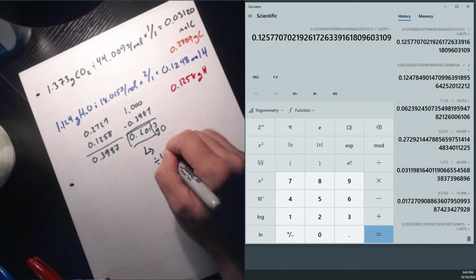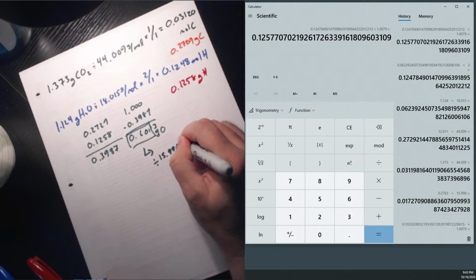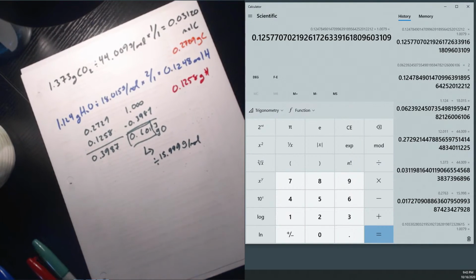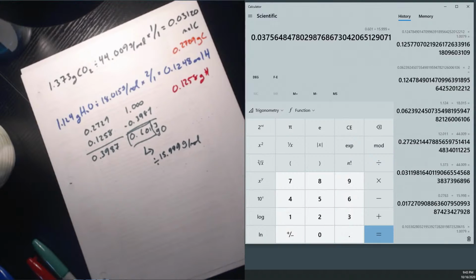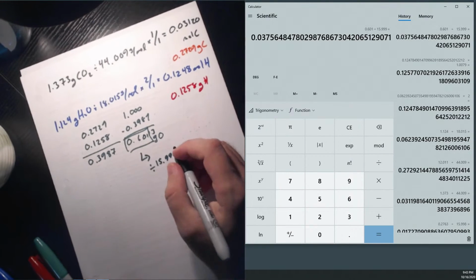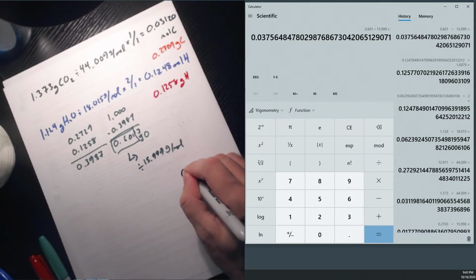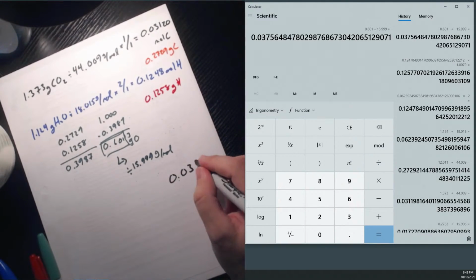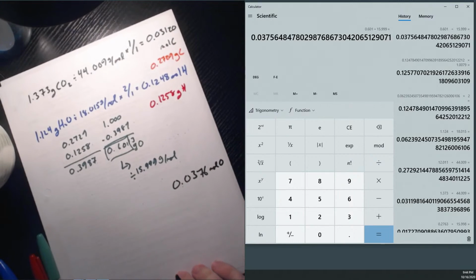Divide by the 15.999 grams per mole. Convert that back to moles. 0.601 divided by 15.999 means we have 0.0376 moles of oxygen.